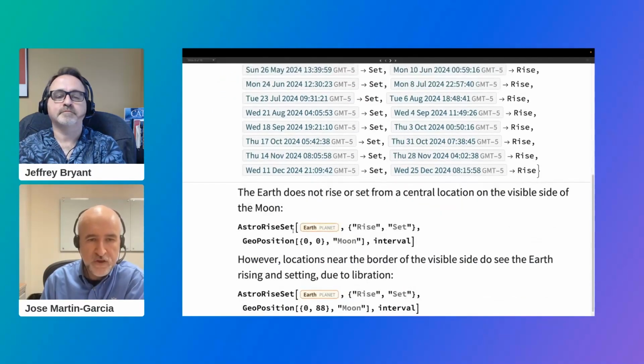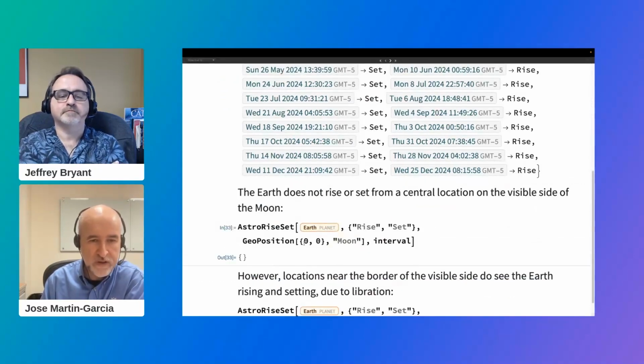And now, if we try to compute when the Earth rises and sets from that same point, we see that it never does, because of course the Earth from that location is always very high in the sky. The moon is always facing us, at least from this point.